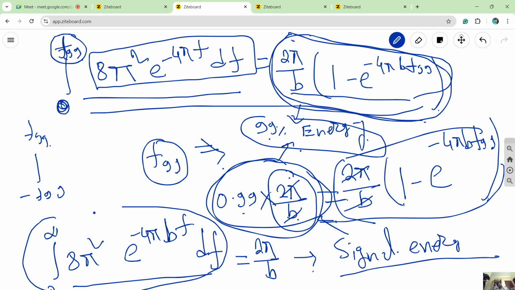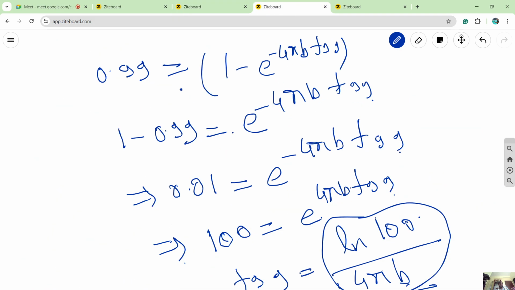Total energy we have calculated of the signal is 2 pi by b, and we multiply it by 0.99. In another way, we have calculated the 99% energy here. So this value should be equal to this value. We put the equality, and then we derived it and got the value ln 100 by 4 pi.